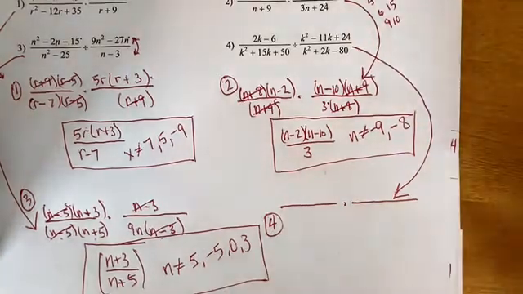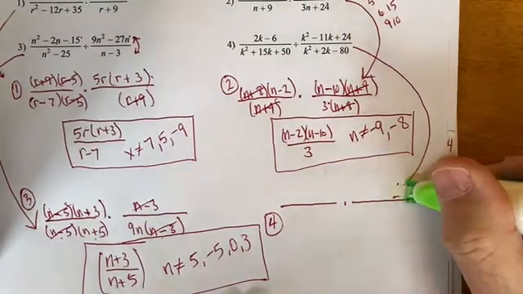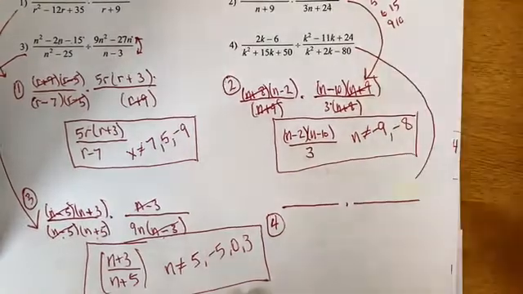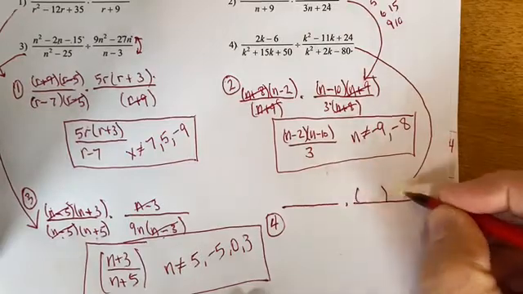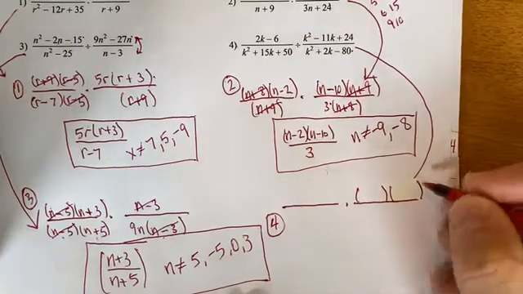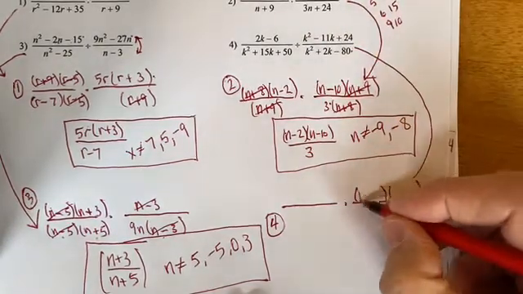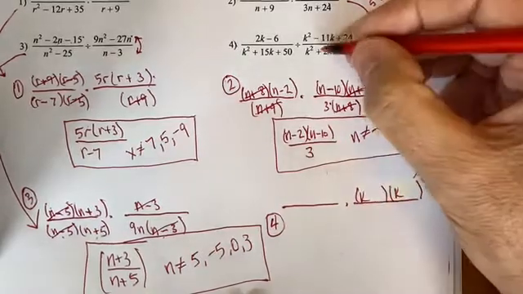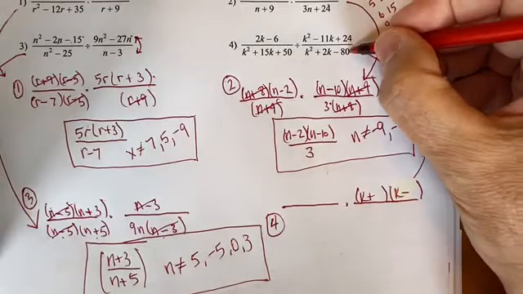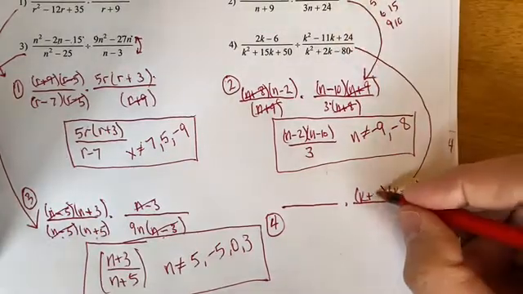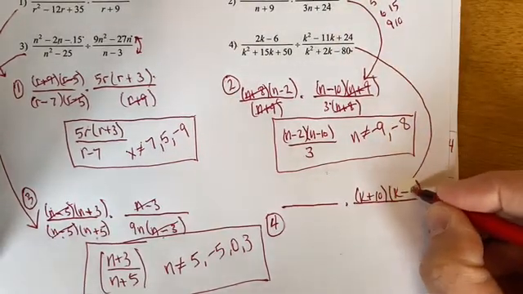Let me erase some of my arrow, I get a little crazy. This one, k squared plus 2k minus 80, I'm going to put on the top. The k and a k. This plus sign, and then a minus sign. Two numbers that multiply to 80 and subtract to 2 are 10 and 8.